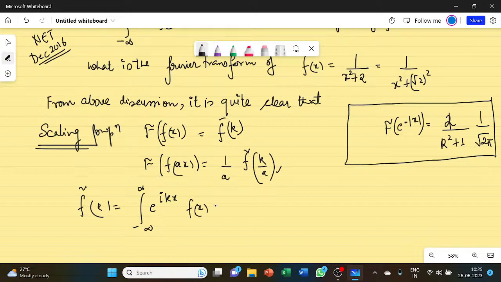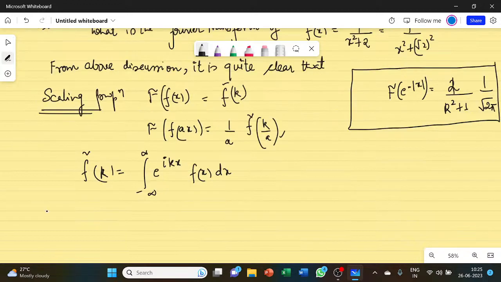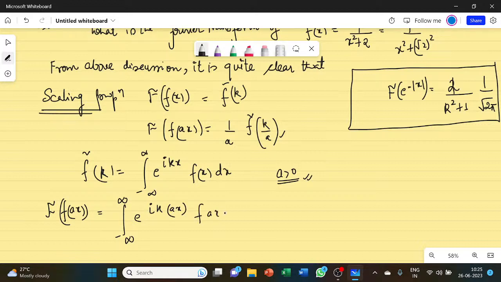Now instead, if I want to find the Fourier transform of f of ax, and let us say a is positive, it will be the integral from minus infinity to plus infinity of e to the power iota kx, and instead of x in f I will write ax, dx.